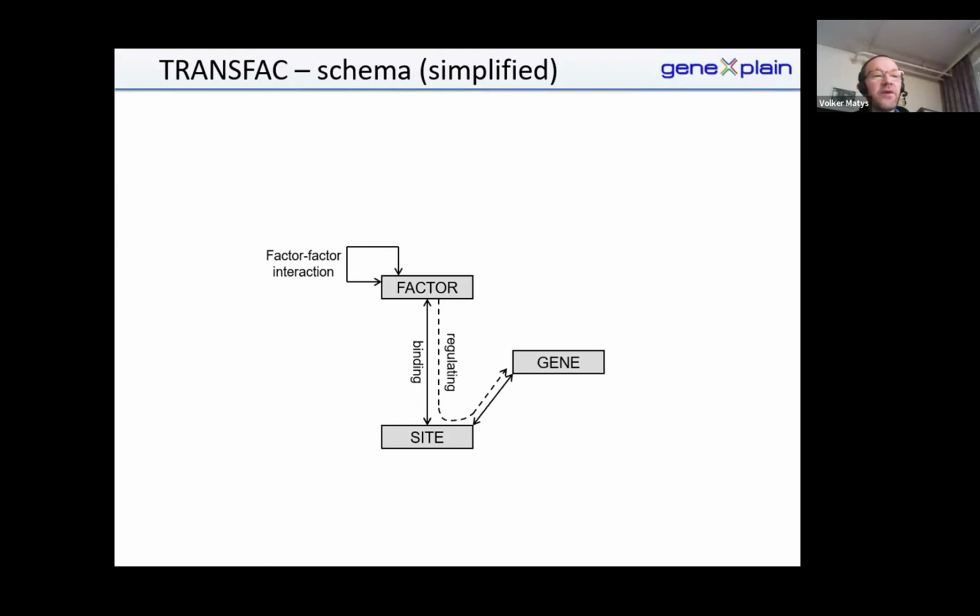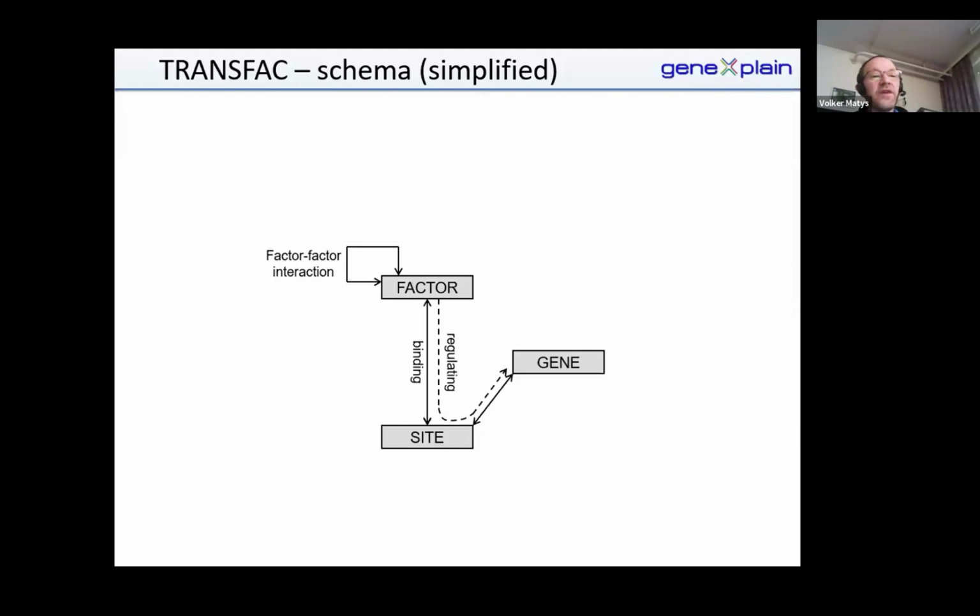What's important is that we capture only those interactions between transcription factors and regulated genes for which we can include a binding site: the position relative to a gene where the factor interacts with this site, wired to a gene, or the sequence, or ideally both sequence and coordinates. So other interactions between factors and regulated genes are not included.